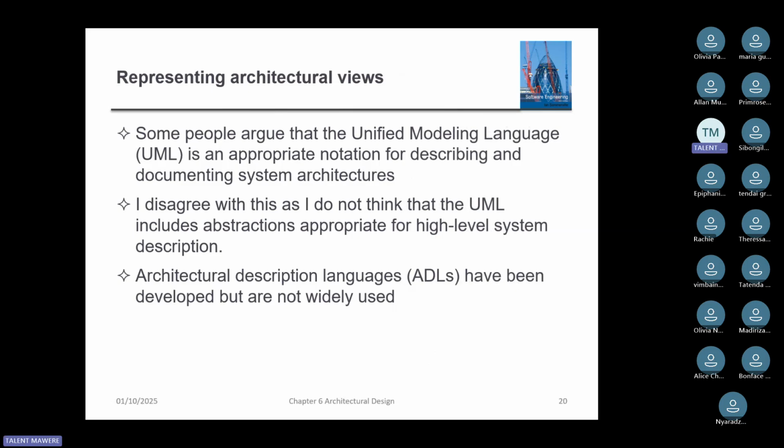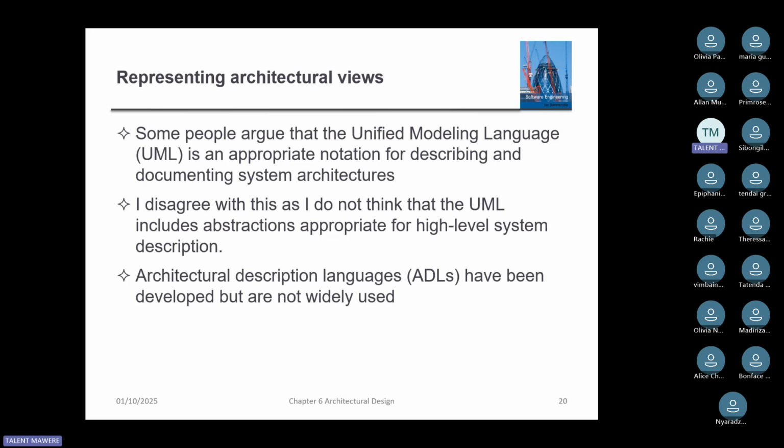Representing architectural views. Some people argue that UML language is appropriate notation for describing and documenting system architecture. In my opinion, I think it's not the best because of the abstractions in UML.